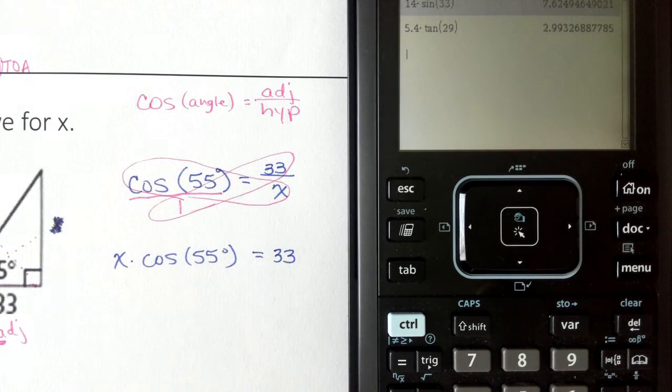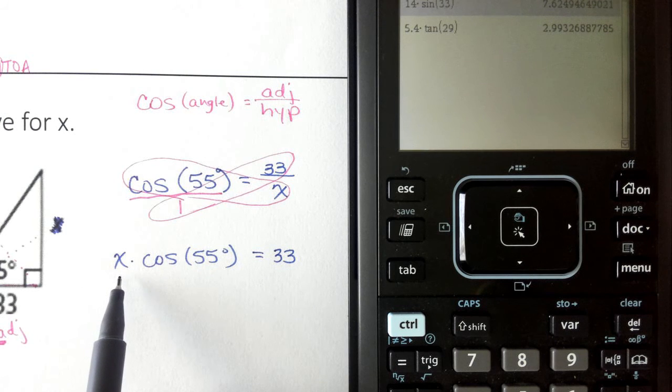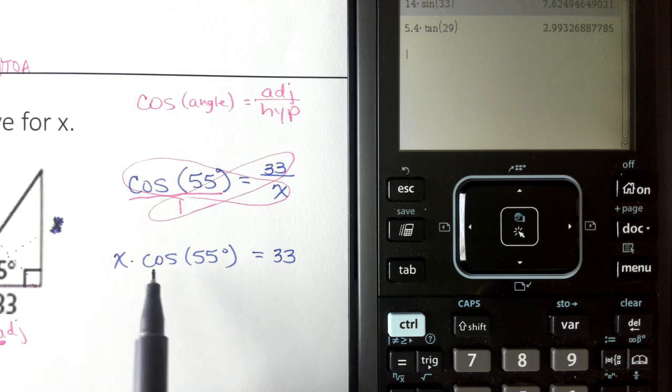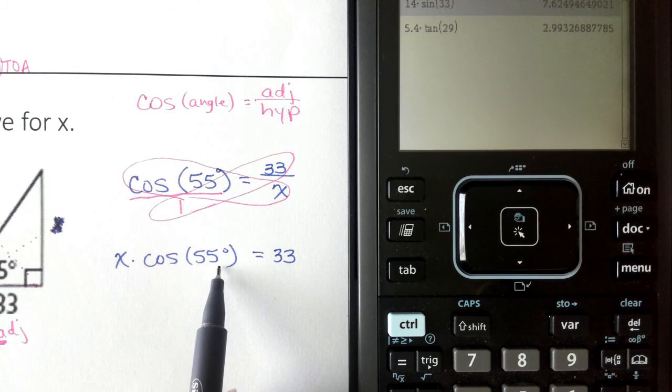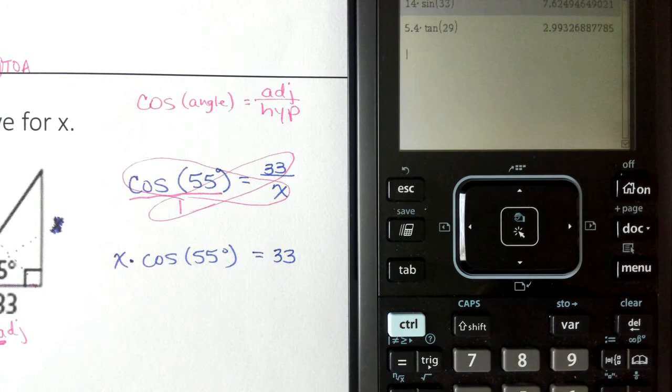Notice that this one is not solved in one step. This one's going to require a second step to solve. We need the x on the side by itself, and it's not on the side by itself yet, which means we're going to have to divide by cosine 55 to cancel out this cosine 55. That's a multiplication symbol right there.